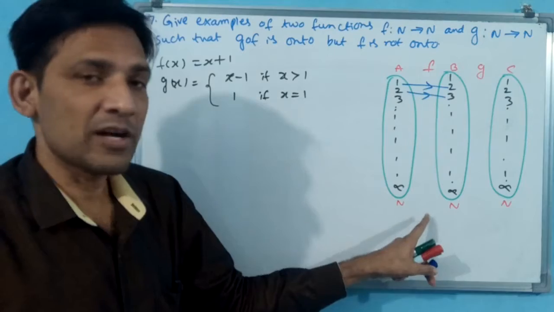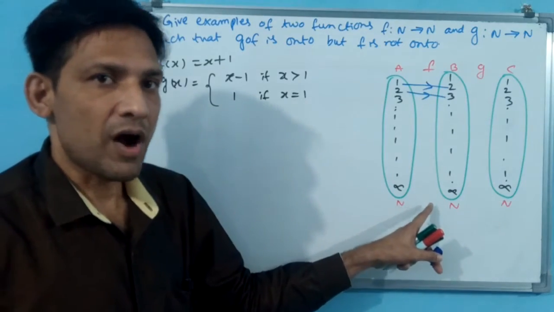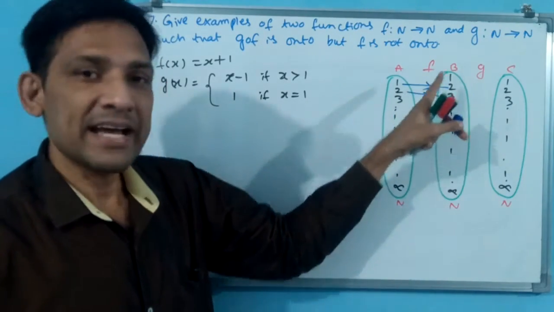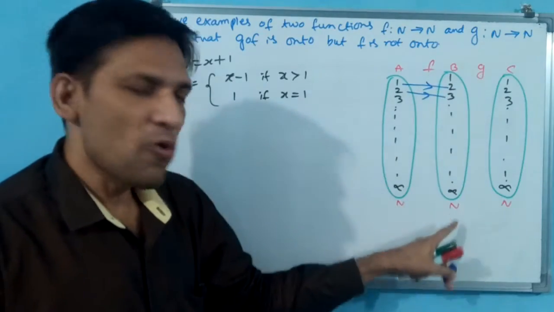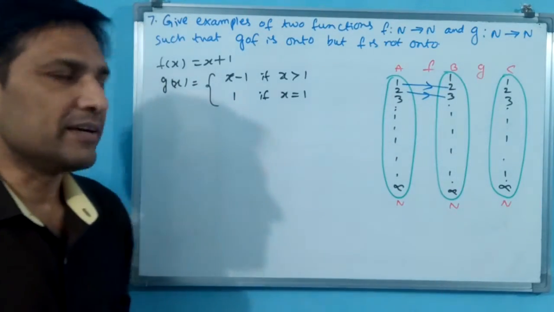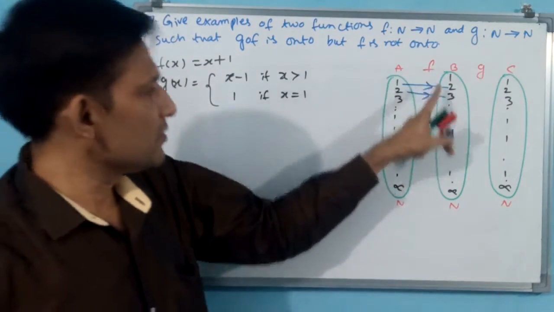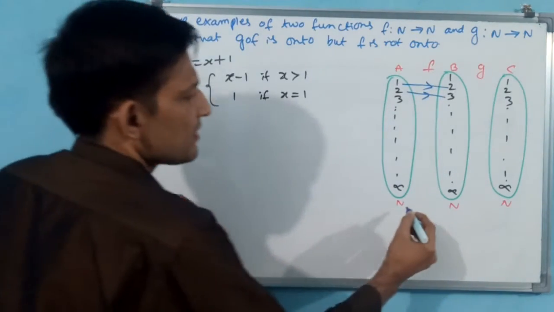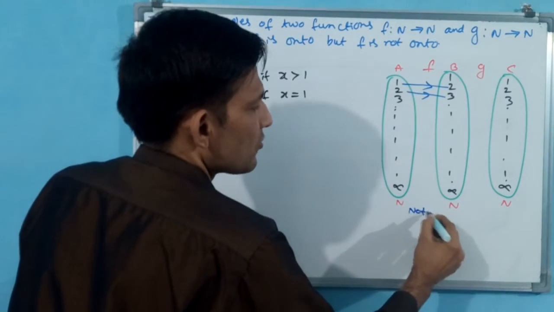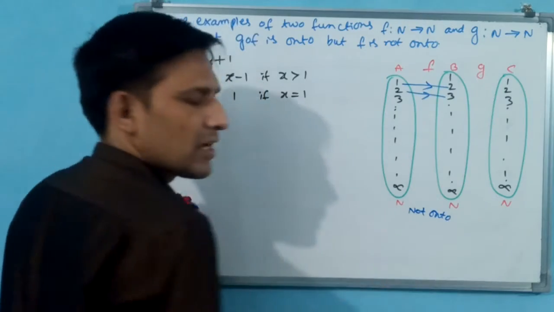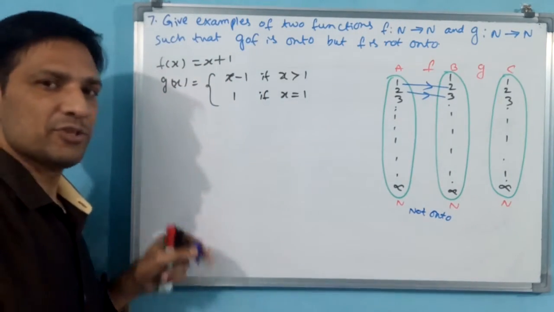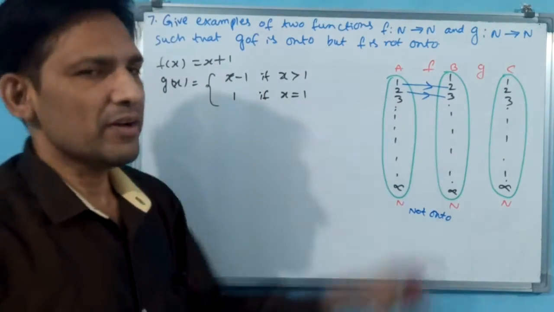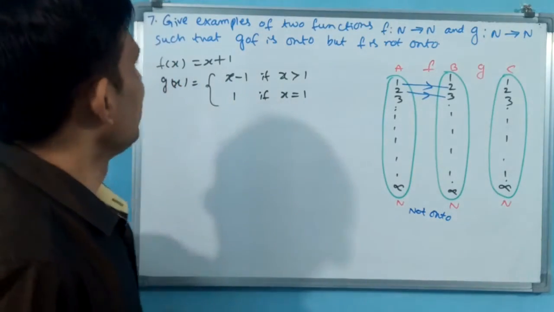That is why this is not onto, because one is left. Here the codomain and range have become different. We want f is not onto. You have to write not onto only. Onto means surjective. Okay, we have written not onto.